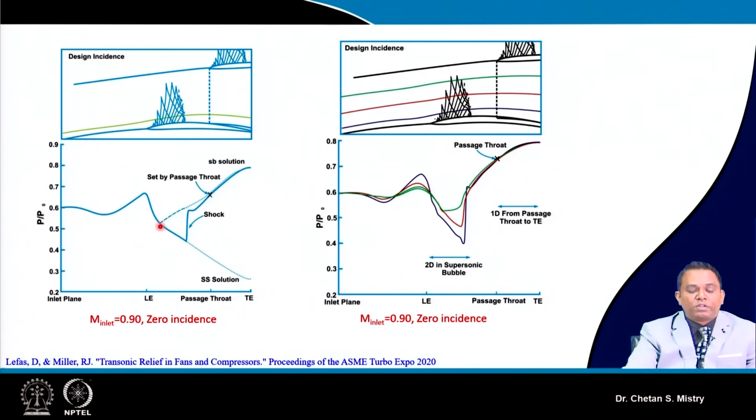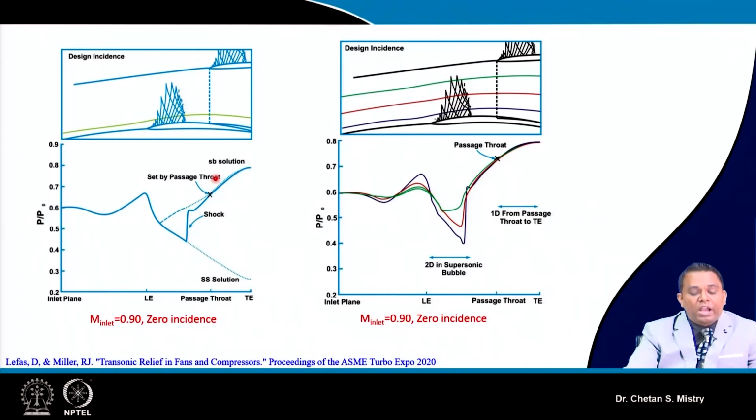So, this represents the reduction in pressure. Somewhere here we have a normal shock, which represents a sudden rise of pressure, and later this region is subjected to subsonic diffusion.